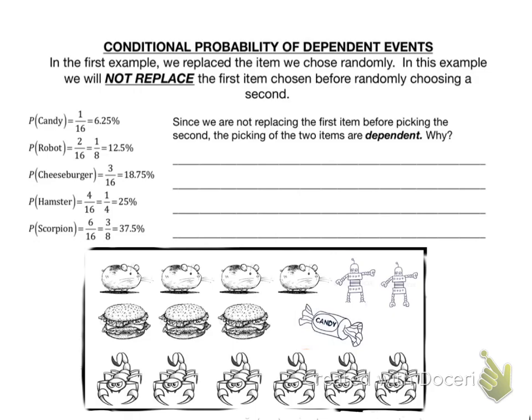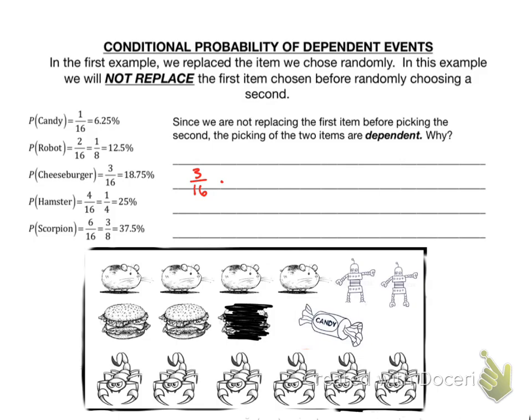On the first pick, if I pick out my cheeseburger, that's what I wanted. I was hungry. Candy's not going to satisfy my hunger. So for the first pick, we have a 3 out of 16 chance that we get a cheeseburger. Now on the second pick, keep in mind that we ate this. This is not in the bag anymore. We did not replace it.